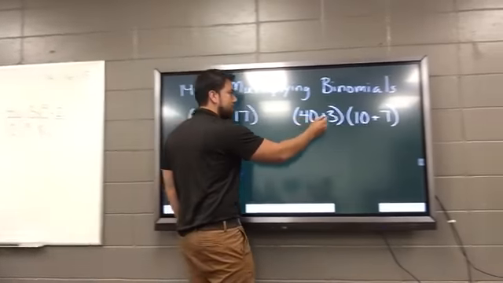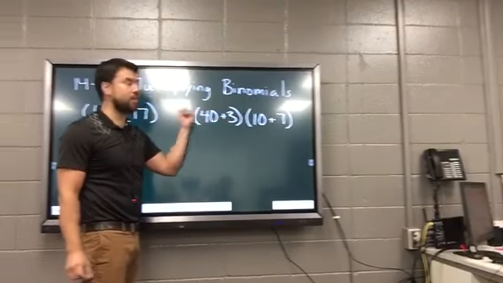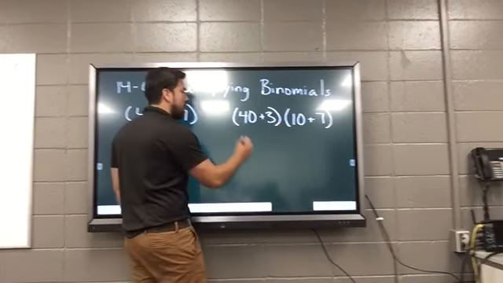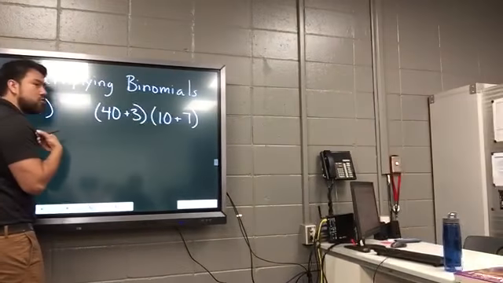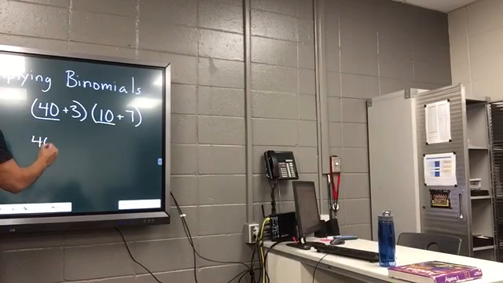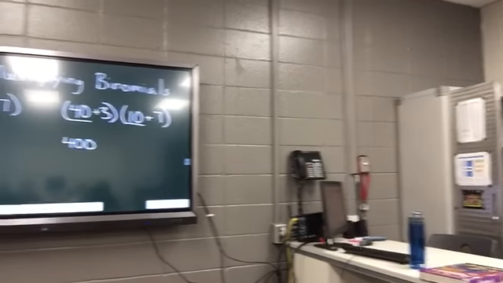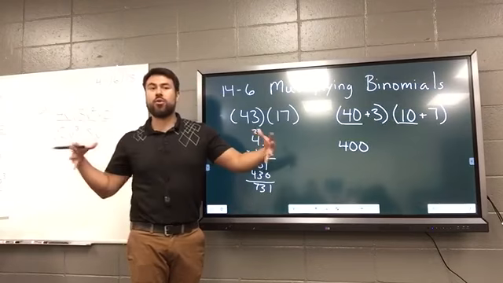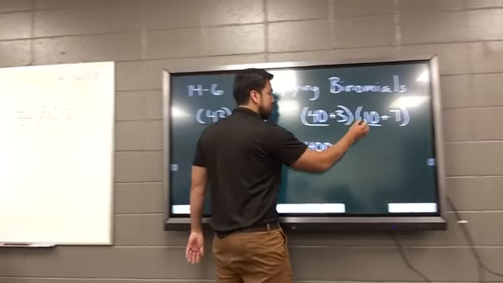Okay. Can I use FOIL on that now? Absolutely. It's a binomial and a binomial. I could have added these together to get back to my 43 and my 17, but watch what happens. What are the first terms multiplied? 40 and 10 give me 400. That's F, first. Outer would be 40 and 7.